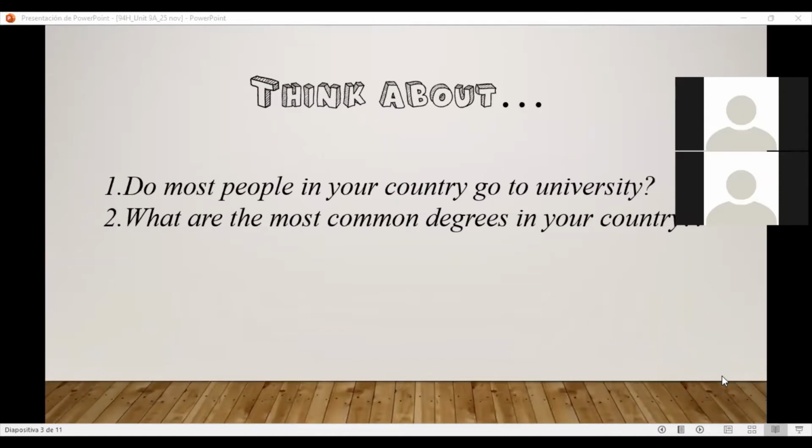So probably people don't go to university because they don't get the score they need to start with the career they want. Good. Let's see, what do you think about number 2? What are the most common degrees in our country? ¿Cuáles serán las carreras más comunes en nuestro país?